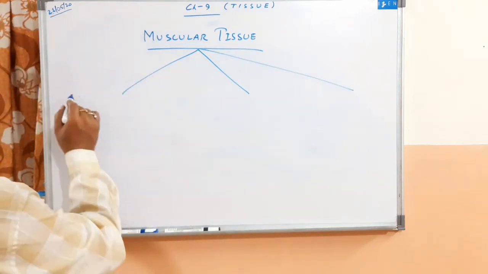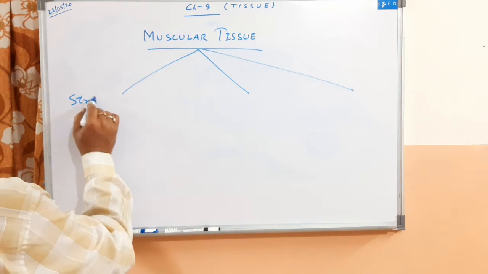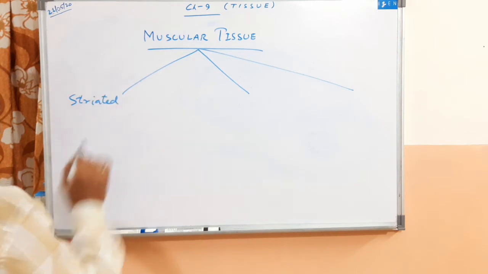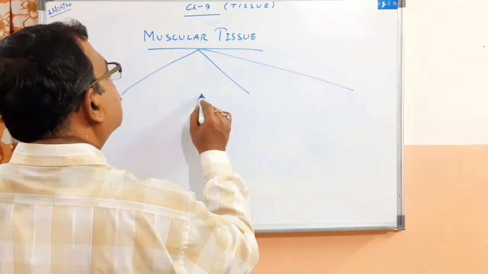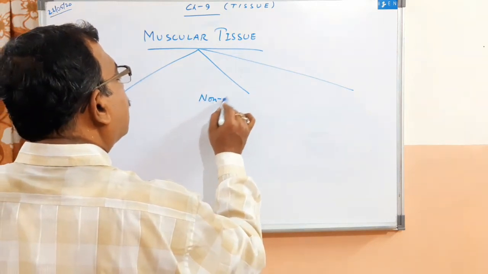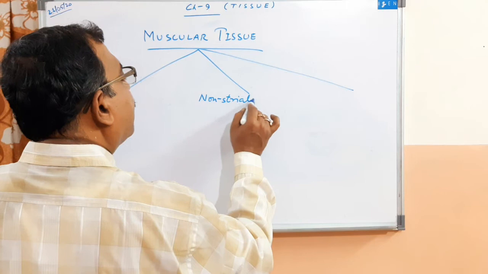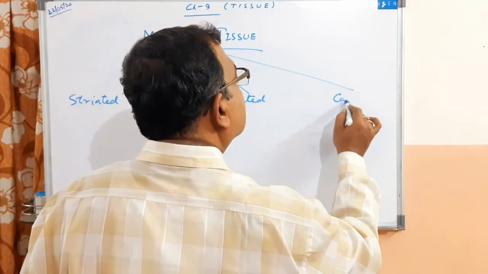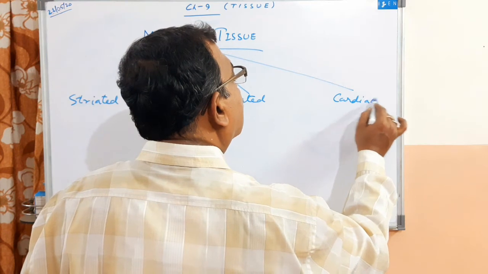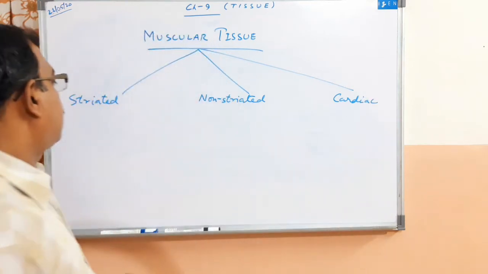First is called striated muscular tissue. Next one is called non-striated muscular tissue, and third is cardiac muscular tissue.